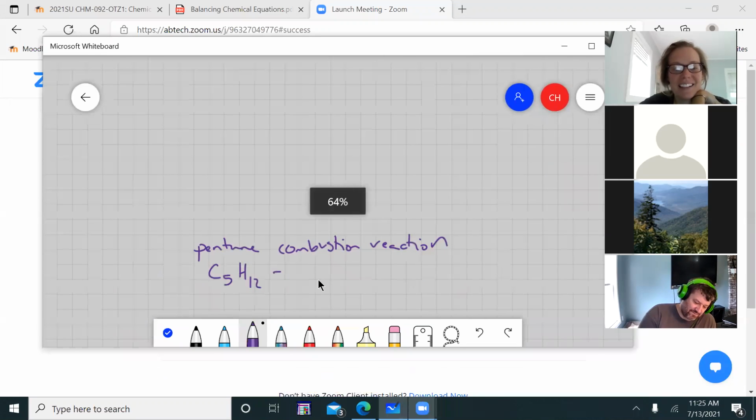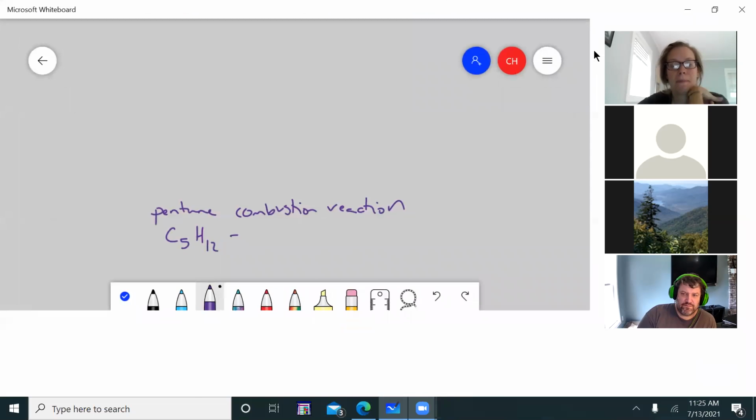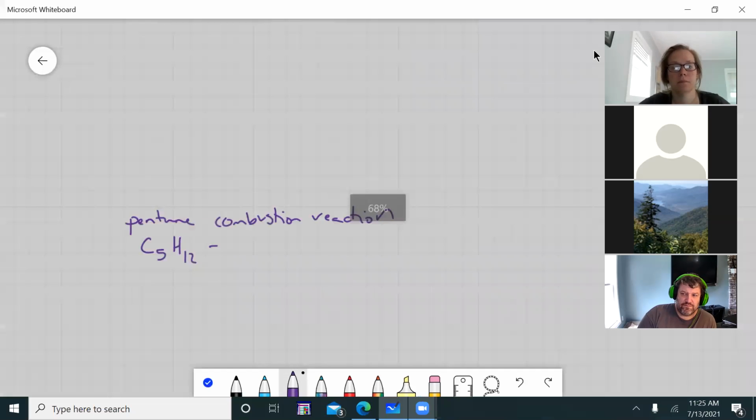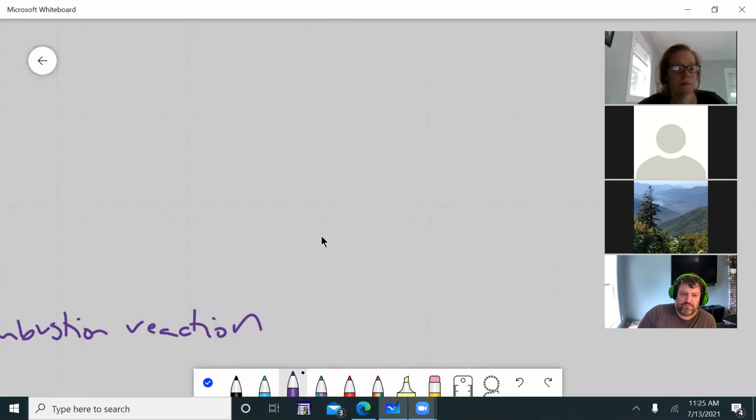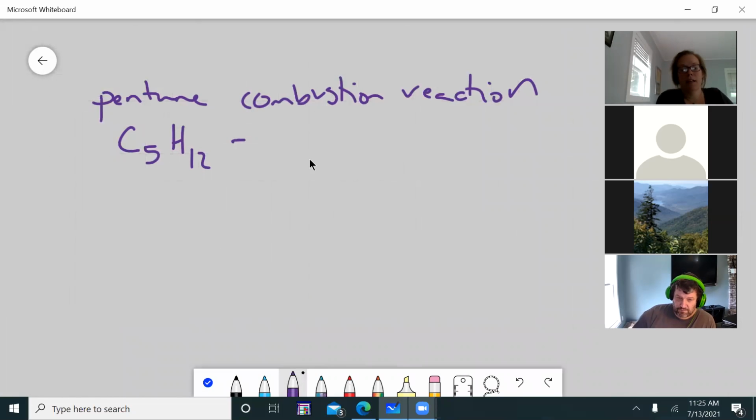All right, let's try this pentane shenanigans. It doesn't matter what the hydrocarbon is. We're dealing with pentane, but it's always going to follow the same system.